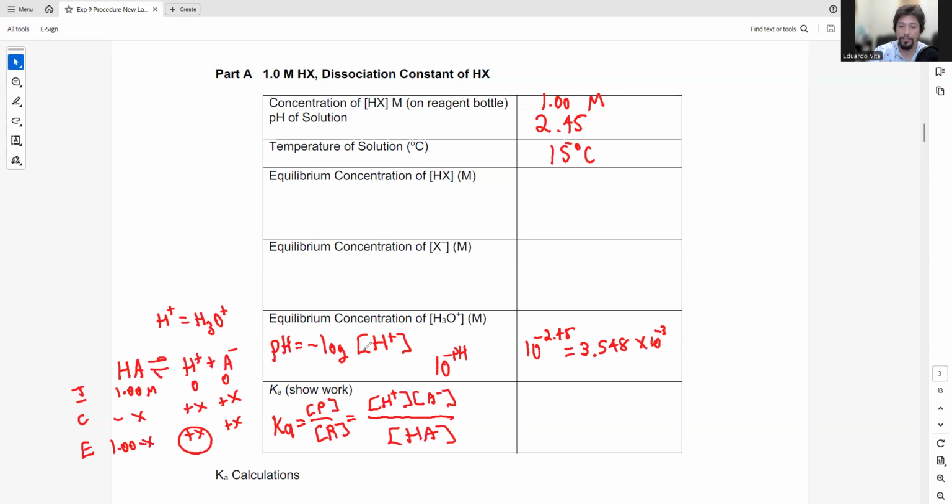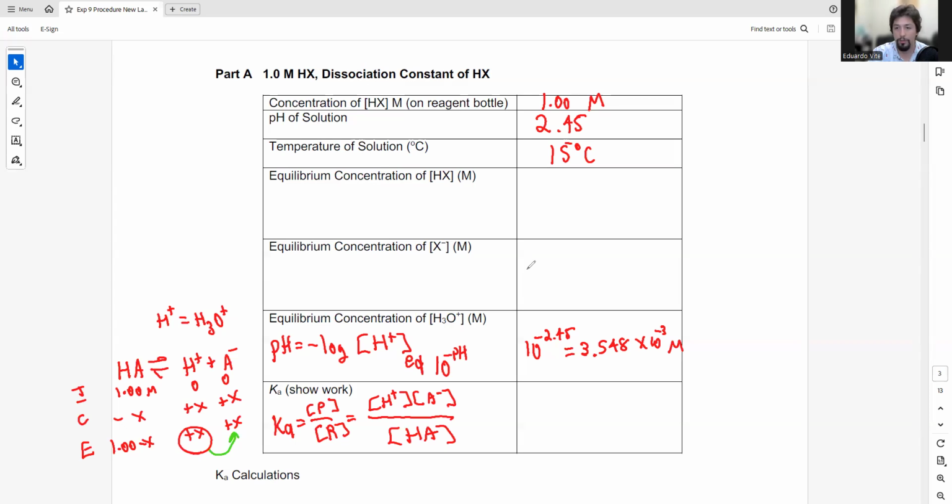Our pH tells us our H plus concentration at equilibrium. So if we take 10 to the negative pH, we get our H plus concentration at equilibrium. And look, right here in the ice table, you will see that this x, the H plus x, is also equal to the A minus x. So whatever this answer is here is also the same answer for X minus or A minus.